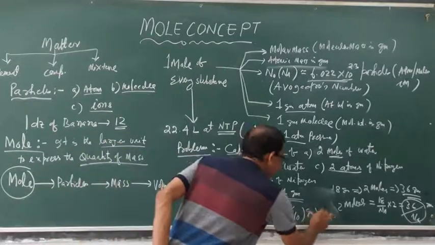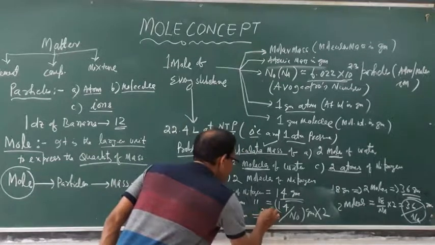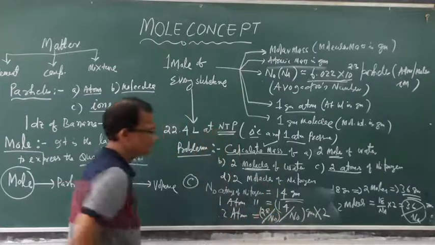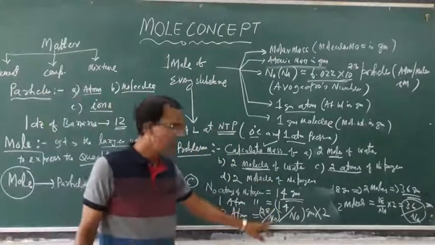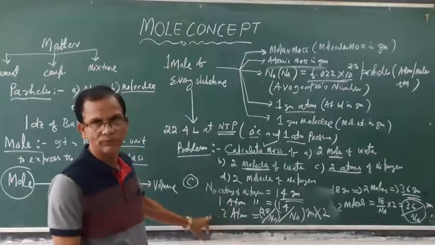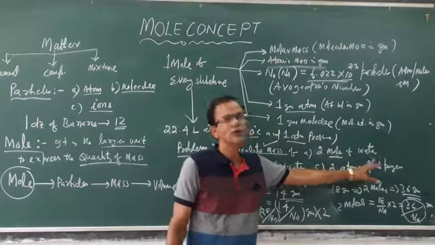Into 2. That is 28 upon N0 gram. So 28 by N0 gram of nitrogen is equal to 2 atoms of nitrogen.